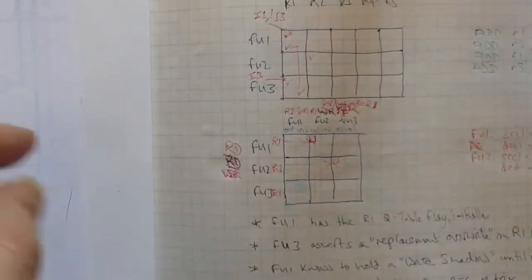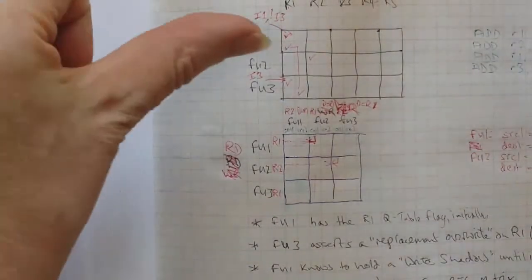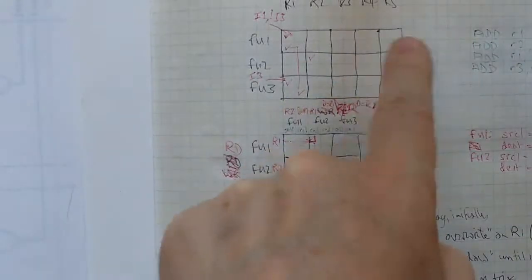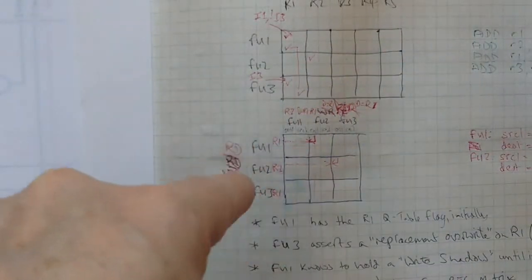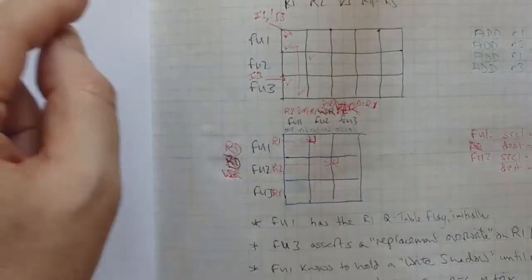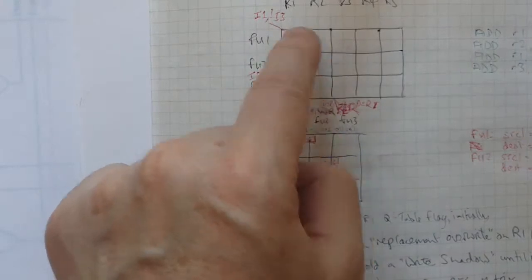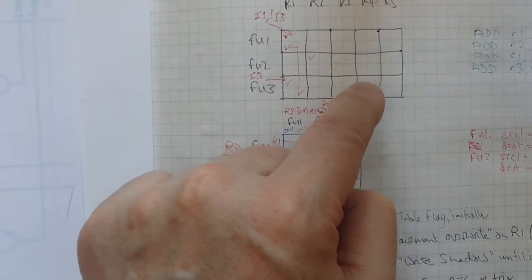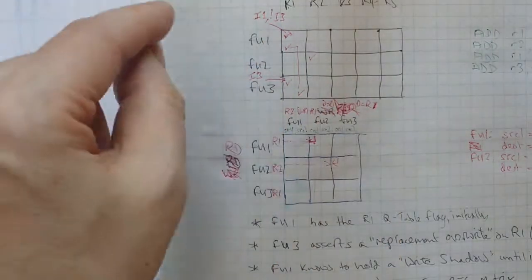Okay, so here you have the function unit to register dependency matrix, which feeds with some lines off to here into the function unit to function unit dependency matrix. And each of these cells will be latches. So in here you will have latches indicating which register is being used by the function unit for read or write purposes.